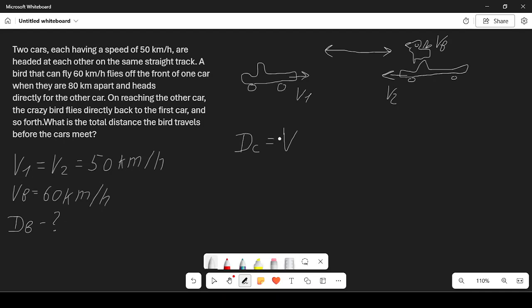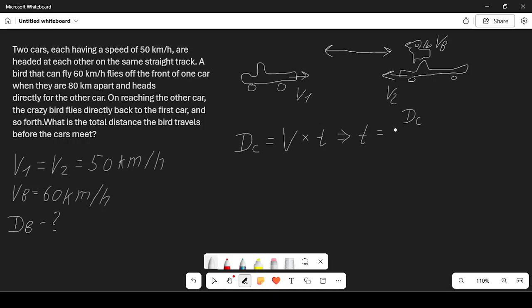So the distance equals speed multiplied by time. From here we can find the time before our two cars meet each other, or actually the time before they collide. Time equals distance divided by speed.